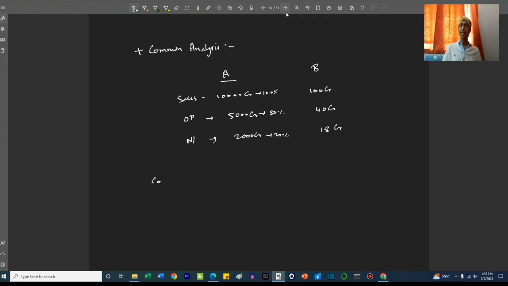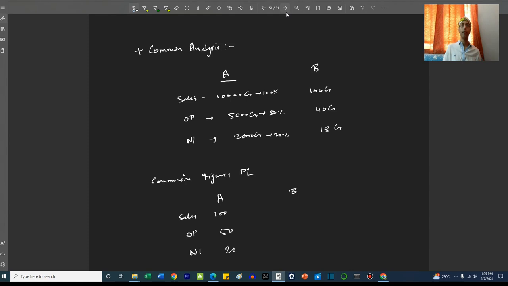So the common size figures for P&L will be, for A, sales is 100, operating profit is 50, net income is 20.